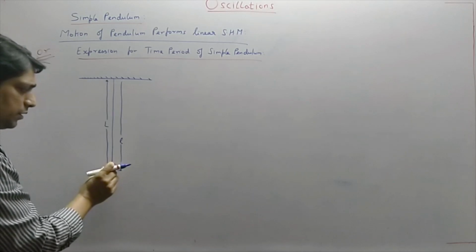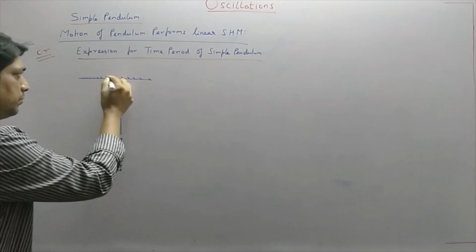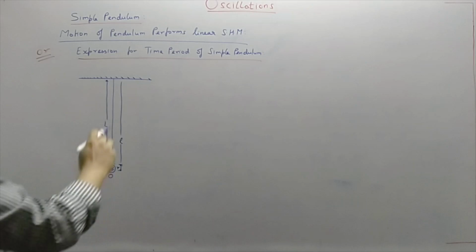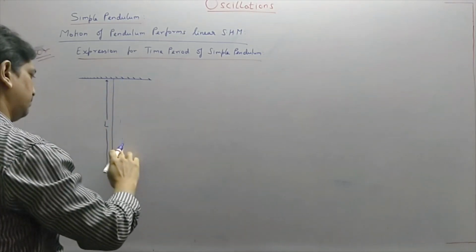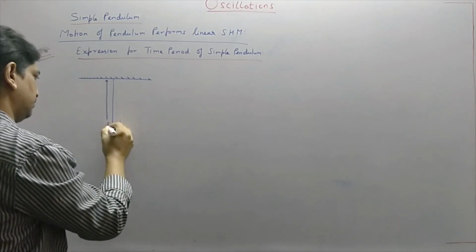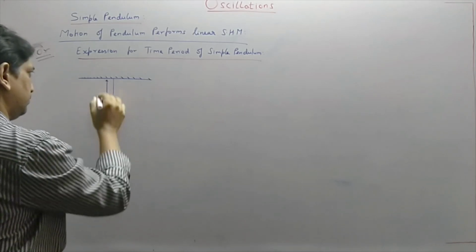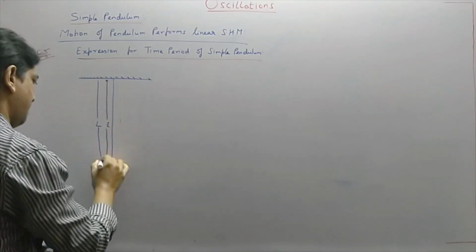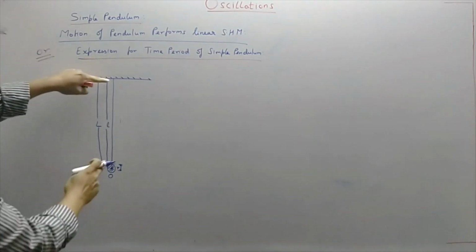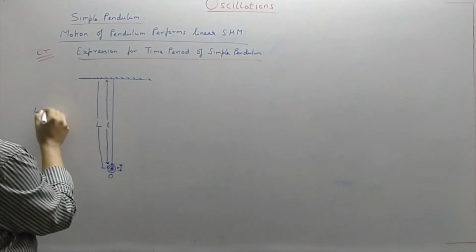A small metallic sphere is attached to the string, and the string is attached to the rigid support. The total length is l plus r.